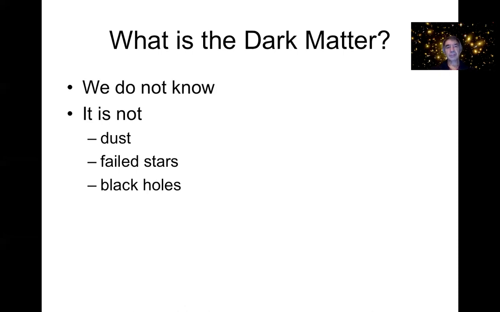Another strong contender for a while was the idea that maybe the universe is just full of isolated black holes that aren't accreting anything. If you've got a black hole that isn't accreting any gas or swallowing stars every now and again, just floating around out there between the galaxies, perhaps that explains it. Both of these ideas, failed stars and black holes, have been tested quite strongly using another form of gravitational lensing.